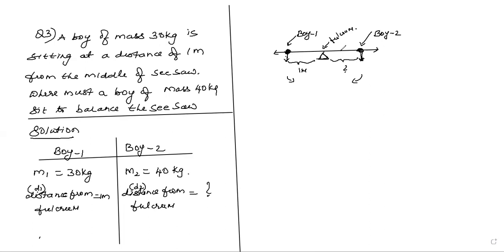When the anti-clockwise moment and the clockwise moment are equal, the seesaw will be balanced, that is, in equilibrium. That means the moment of force due to boy 1 should be equal to the moment of force due to boy 2. Then only the seesaw will be in equilibrium, in balance.